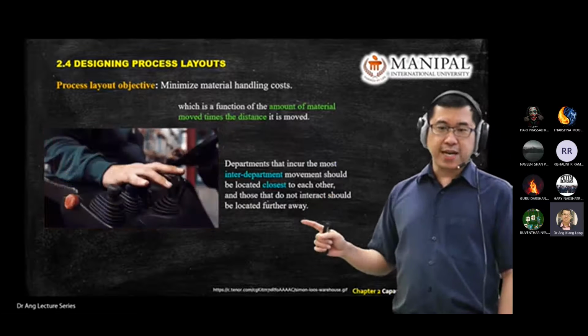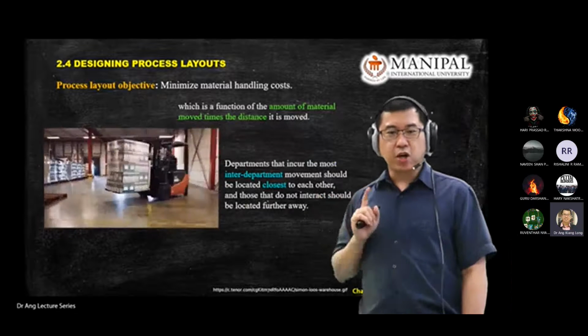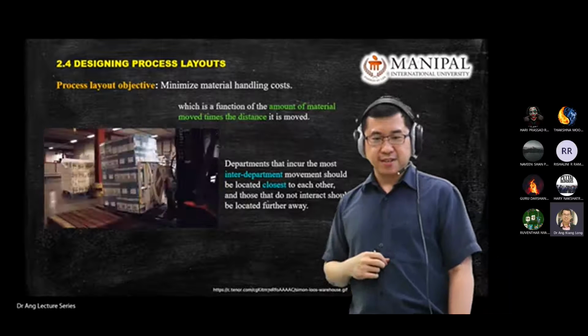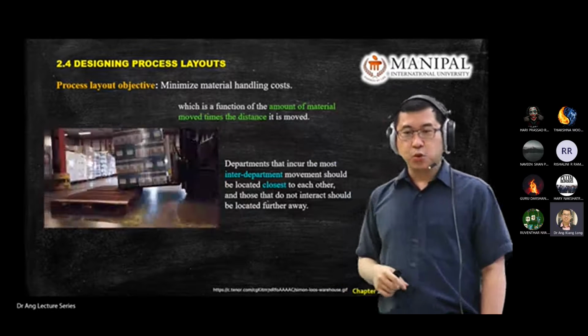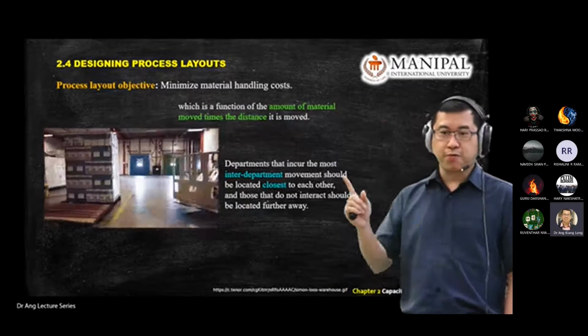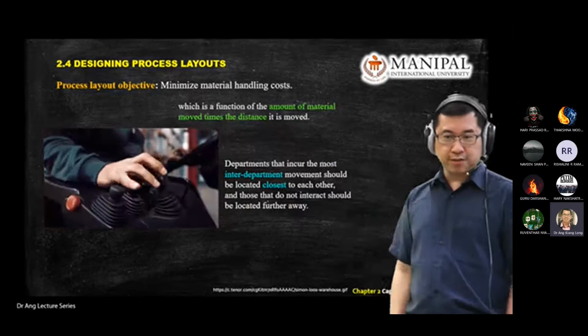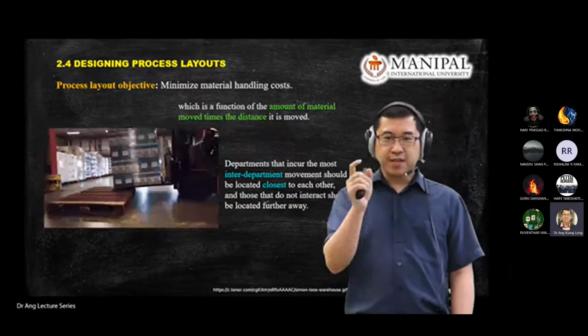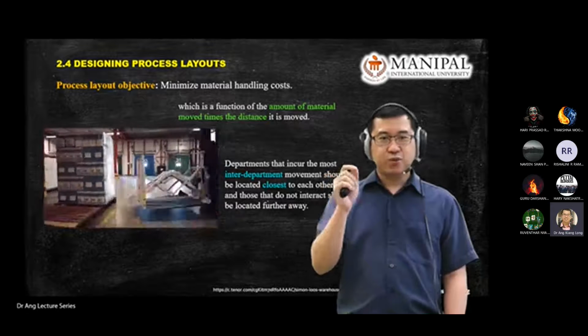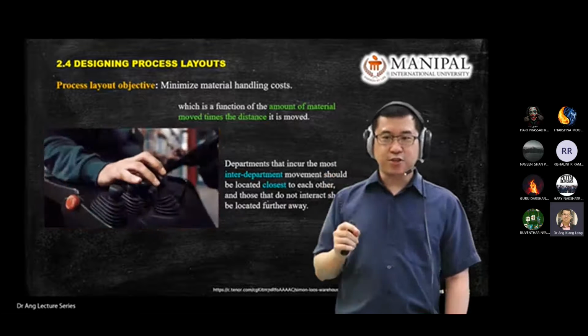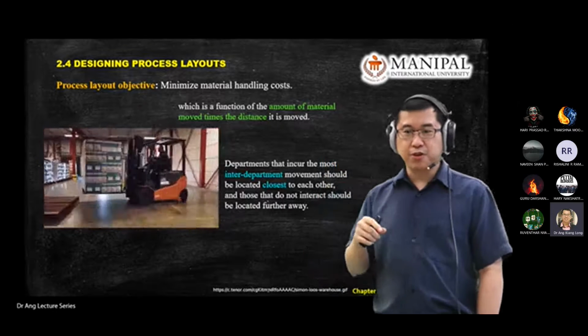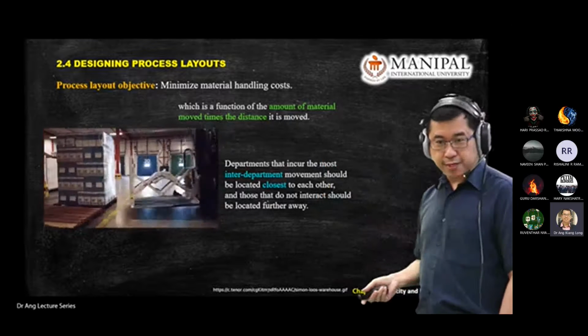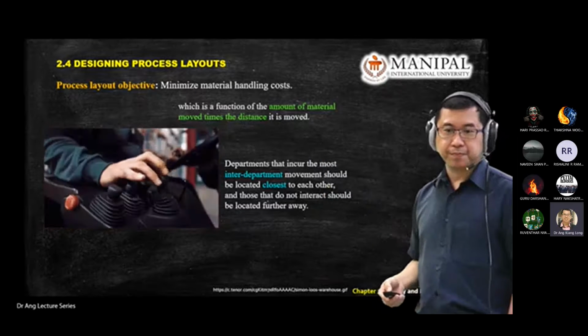Or you can say that you always seek the closest distance for the process. You always shorten the distance needed to travel in the whole process. You spot A to B, B to C, C to D, which one is the shortest, and how you minimize the travel time from A to D, for example.